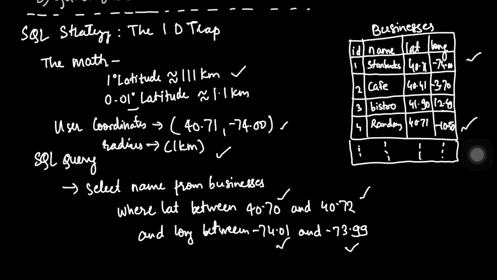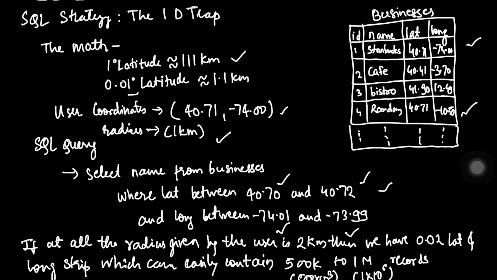That means the database would first filter out all the latitudes which are in this particular range, and after that we are again filtering out the longitudes. So if you see, this is an order of n complexity problem where we have to scan the whole database and then get all the businesses which are within the search radius.